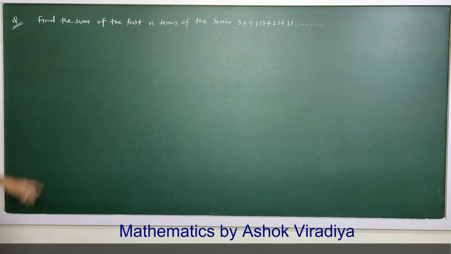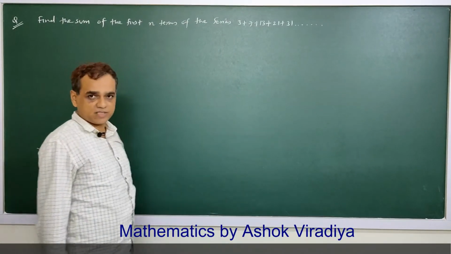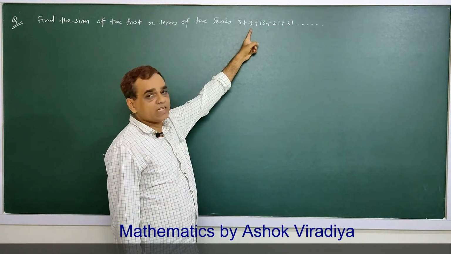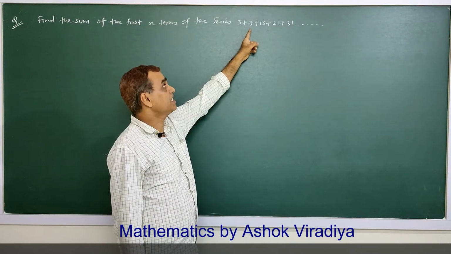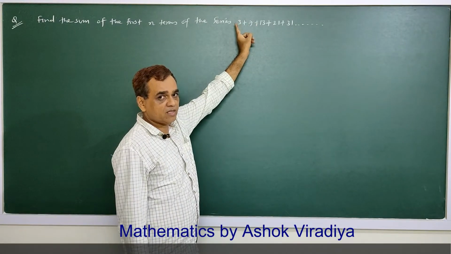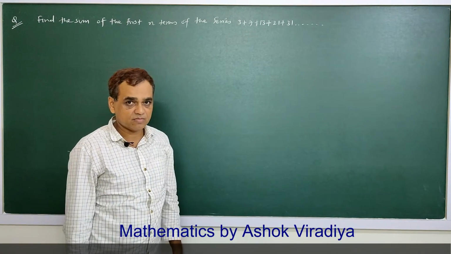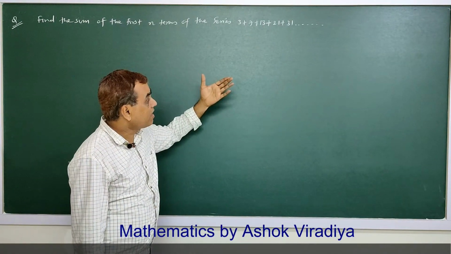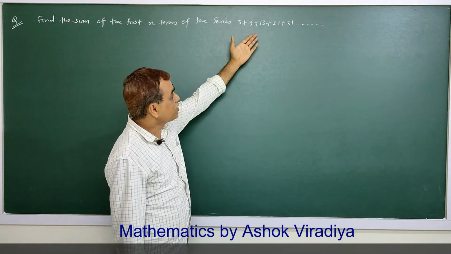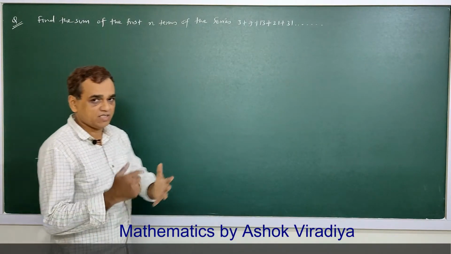Say here we want the sum of the first n terms of this series. Look here, 3 plus 4 is 7, but 7 plus 4 is not 13. Here there is no common difference, so it is not AP. If you check for GP, here you cannot find a common ratio. So this series is neither AP nor GP.